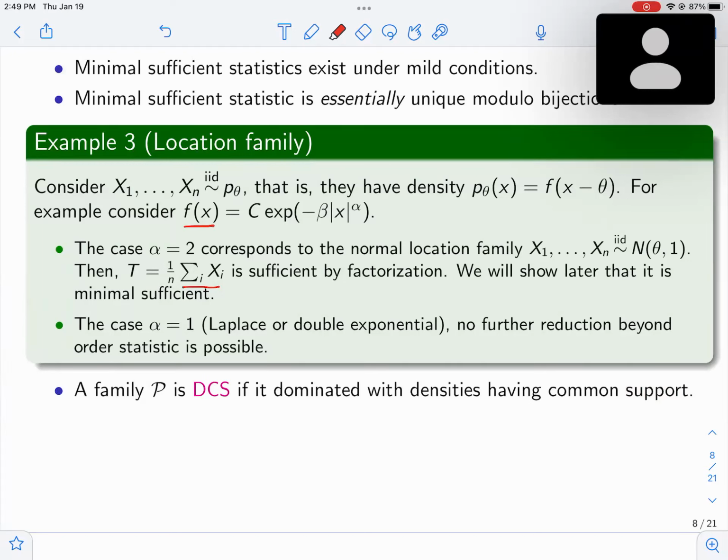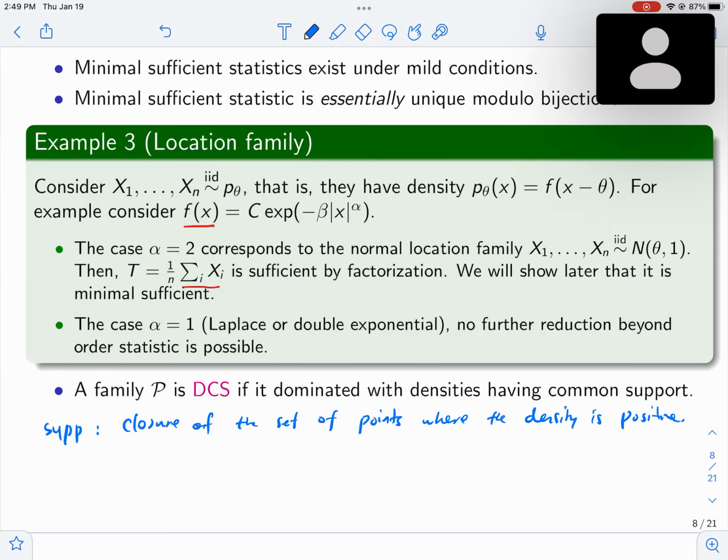What is the support of a density or a distribution? Who wants to go first? Okay. It's the closure of the set of points where the density is positive. Support is a property of the distribution, but you can define it in terms of the density.